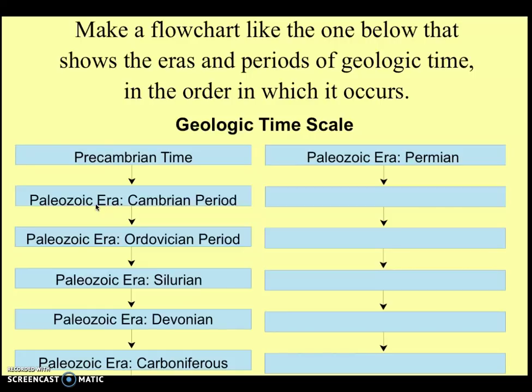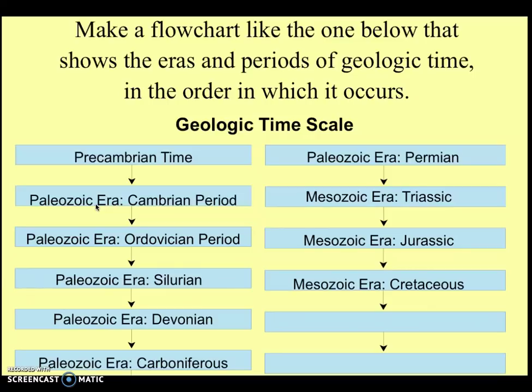So those are all part of the Paleozoic era. Then we're going to move on to the Mesozoic era, and that's broken up into 3 periods, the Triassic, the Jurassic, and the Cretaceous. And then the most recent era is the Cenozoic era, broken up into 2 different periods at this point, the Tertiary and the Quaternary.